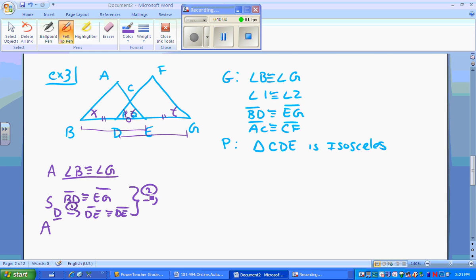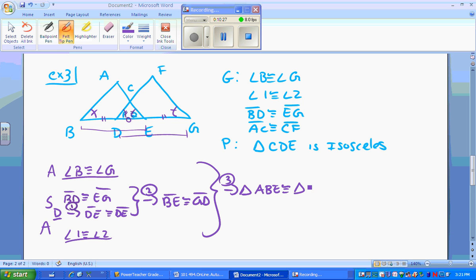Bracket them together. Reason 2, BE is congruent to GD. And the other angle was angle 1 being congruent to angle 2. All this together, reason 3, we just proved triangle ABE being congruent to triangle FGD.